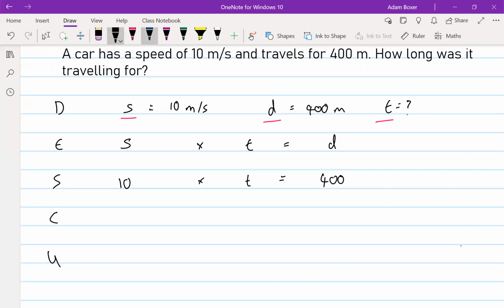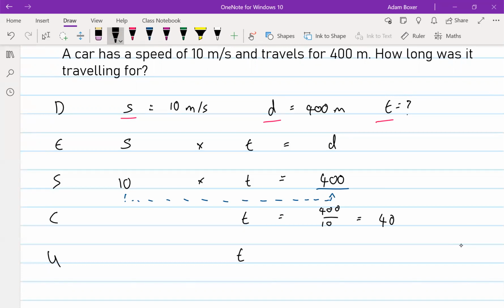If you don't remember, or if you've done it now, what we do is we take that 10 and we put it underneath the 400. And we've done this again many times before, and there's a chant that you will learn in maths soon, because you've not learned it yet, I'm not going to do it with you. And we end up with T equals 400 divided by 10, which equals 40.